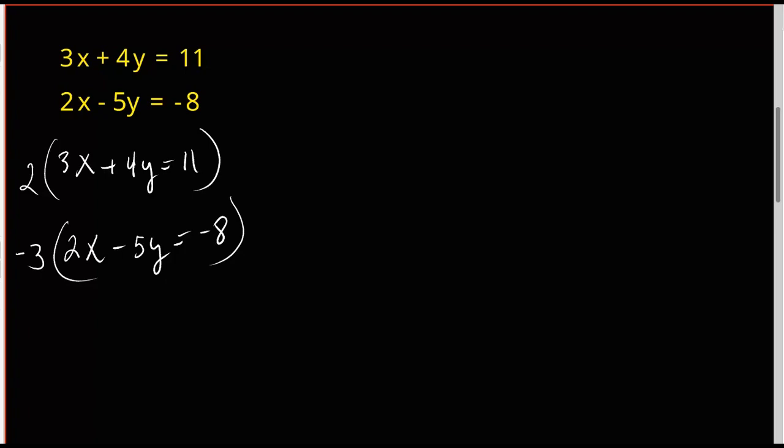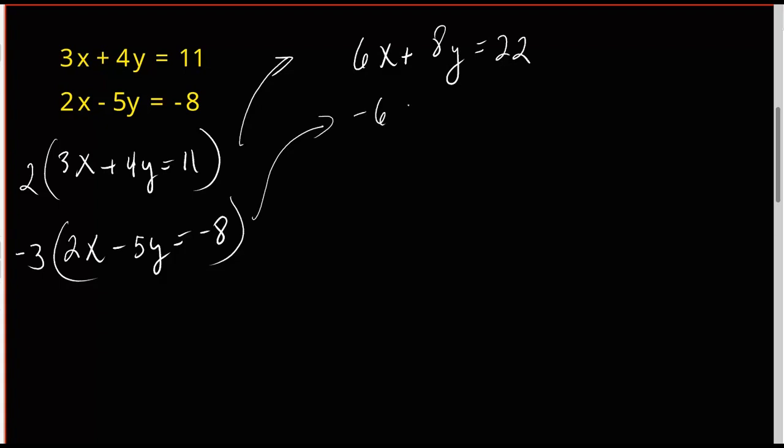Okay, so let's perform these operations. So that gives me 6x plus 8y equals 22. And here I have minus 6x. Minus times a minus is a positive, plus 15y equals 24.